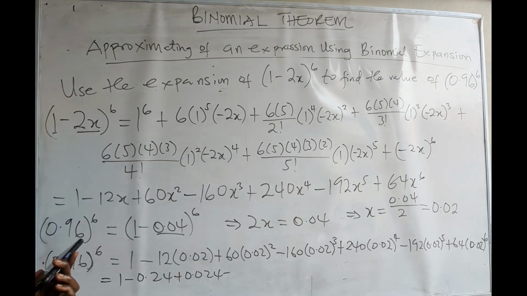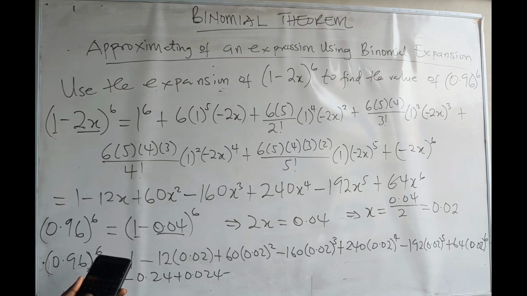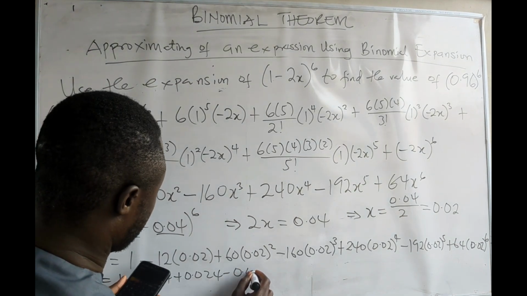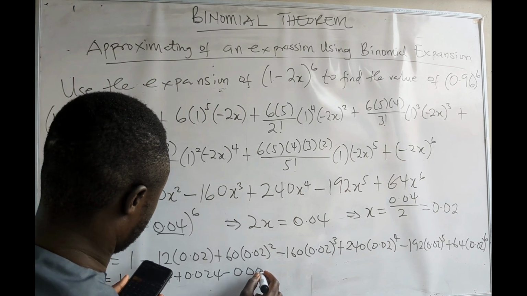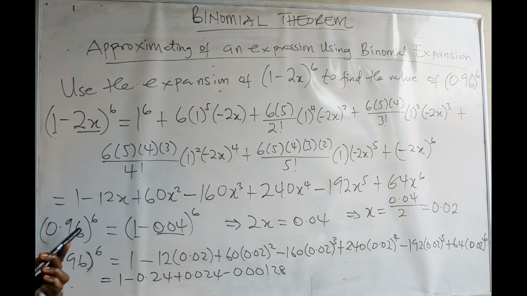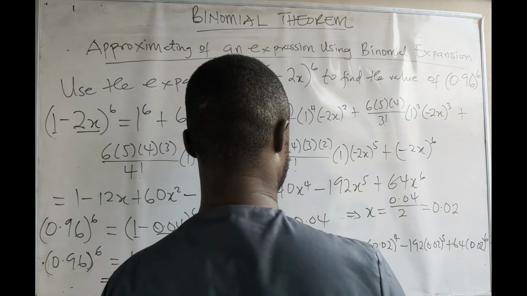Then minus 160 times 0.02 cubed. That will be 0.00128. Okay, that is this one.